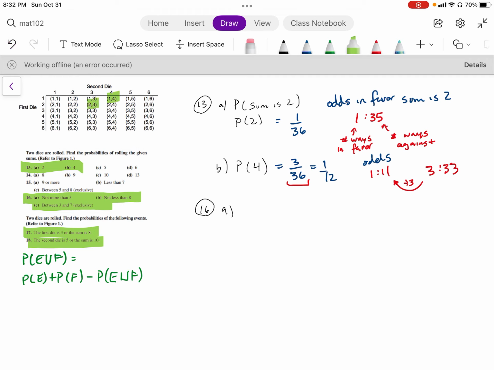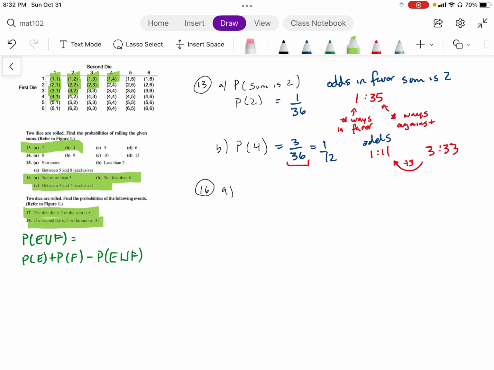The 5 is here, kind of follows that diagonal, but then we could also roll 4 or 3 or 2. So we need to add all of those up, not more than 5. So I'm going to say P, that the sum, we'll just call the sum x, is less than or equal to 5.